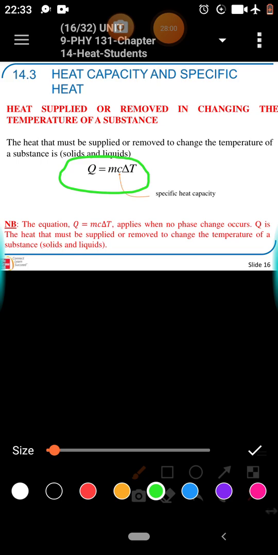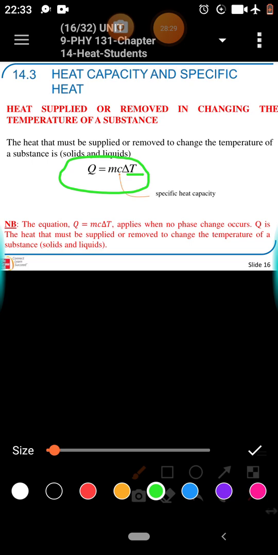Specific heat is a quantity specific to a certain medium, and it can be found experimentally. Many objects have a known specific heat. And delta T is the change in temperature.